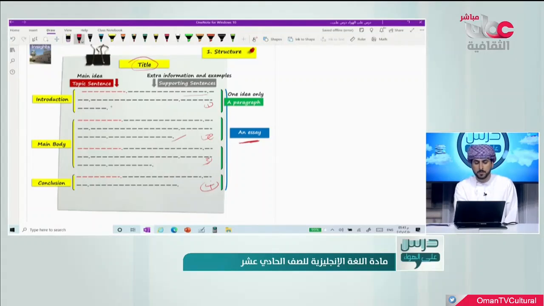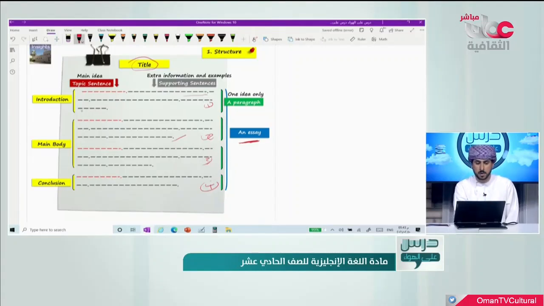Now, these paragraphs which are found in the essay have names. For example, your name is Ali, your name is Fatima, and so on. You have names, cities have names, most of the things in the world have names. Also, these paragraphs have names.